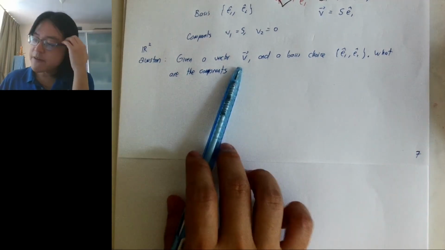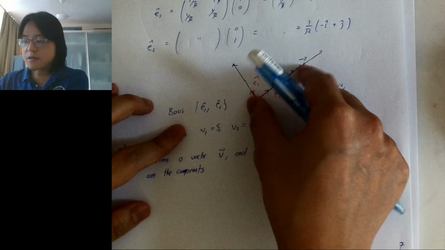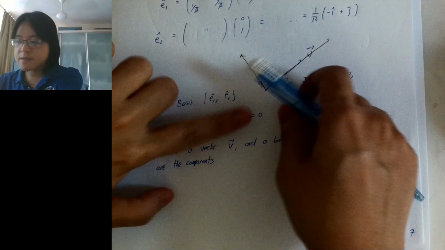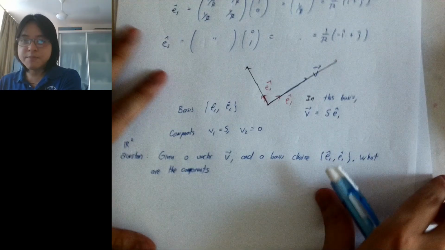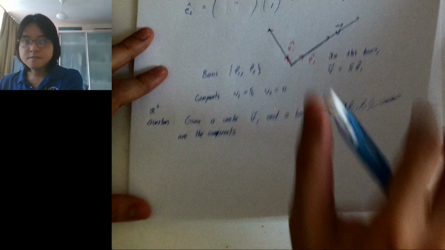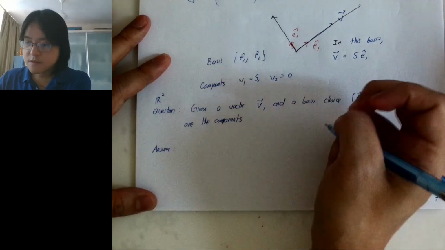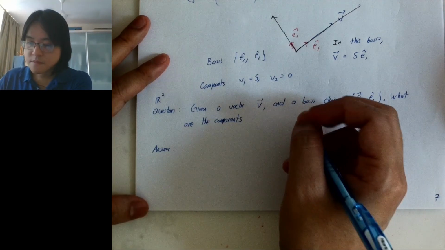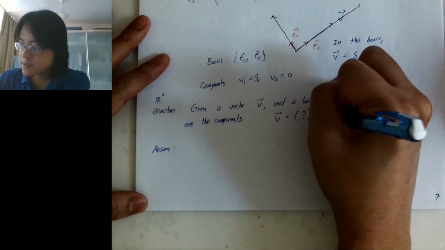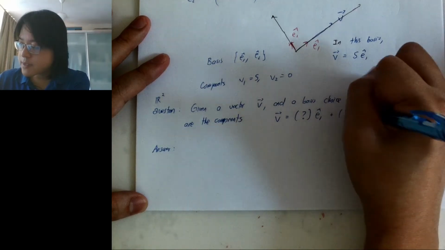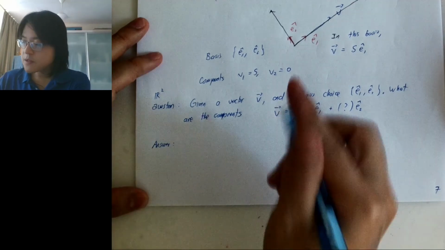Given a vector v, what are the components? Let's say there's a vector here and the basis here, but how do you figure out the components? The way to do it is by taking the dot product. So what is the thing that goes with E1, and what goes with E2?